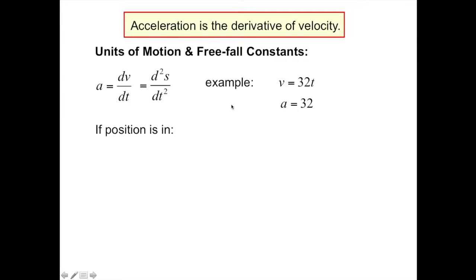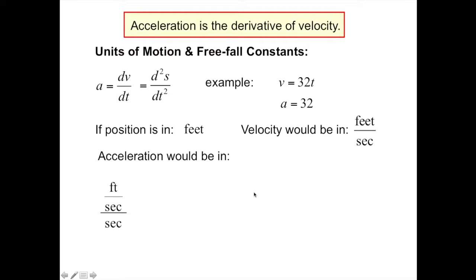For example, if velocity is 32t, what we got from the previous screen, then if we take the derivative of 32t, we get 32, which is our acceleration, which is our free fall number. When we talk about the units, if position is in feet, then velocity would be a rate of change of feet, so feet per second. And acceleration would be feet per second per second, which is feet per second squared.